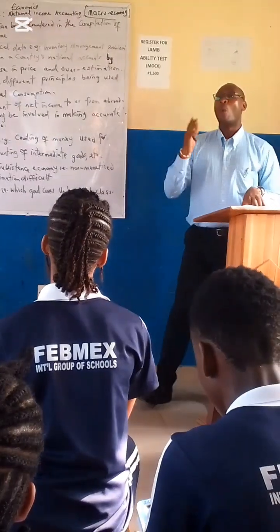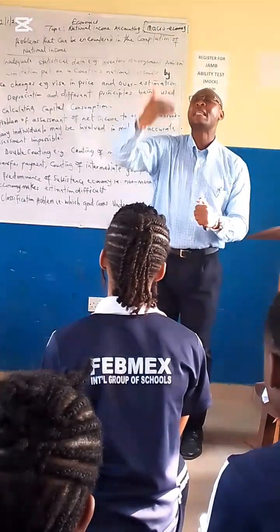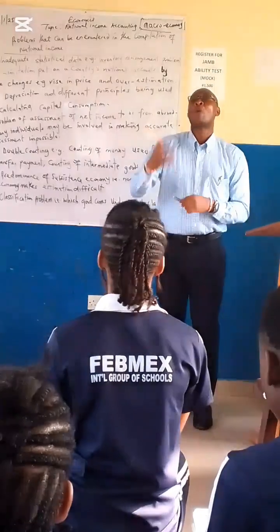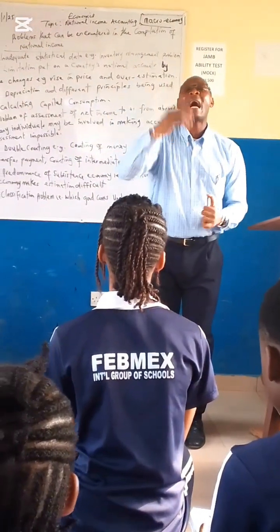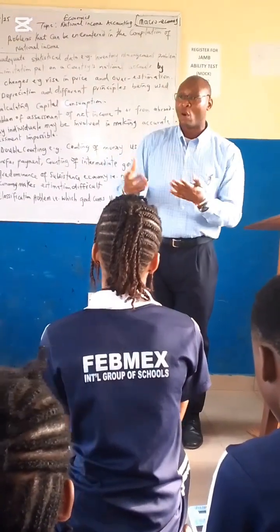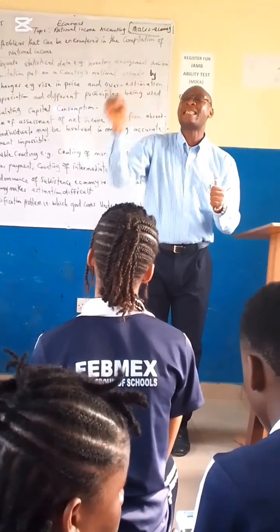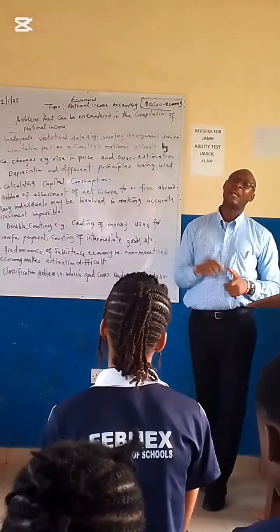Now, another problem again is double counting. What is double counting? Double counting means you are recounting the money that has been transferred. For example, when you give a housewife money, or you give money to a beggar, the beggar has not contributed to any income, or the housewife has not contributed to any income. It therefore means that you are just re-adding that same amount that has been earned by the owner of that amount.